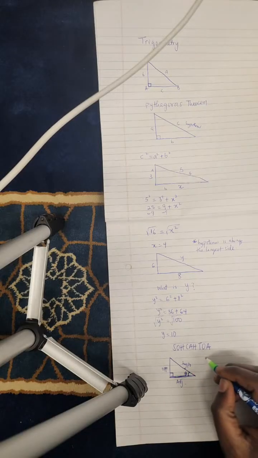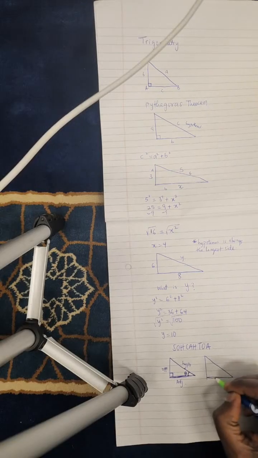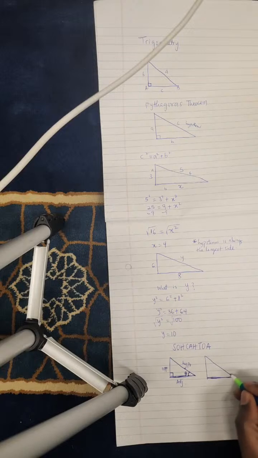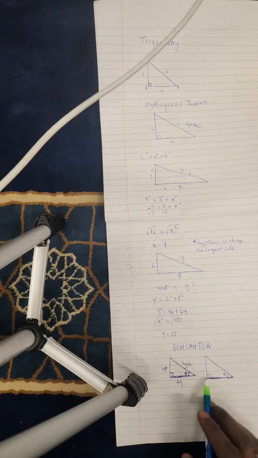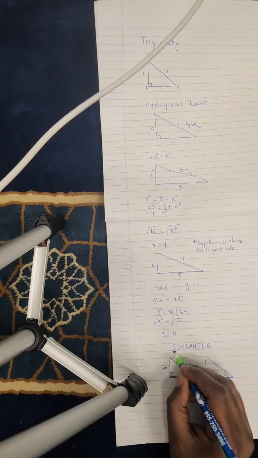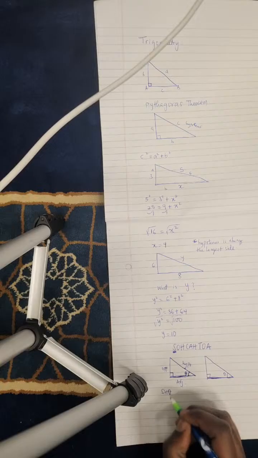And let me give another example here. You have this triangle, and this is your angle theta. This is angle 90. SOHCAHTOA: S means sine theta, equal.